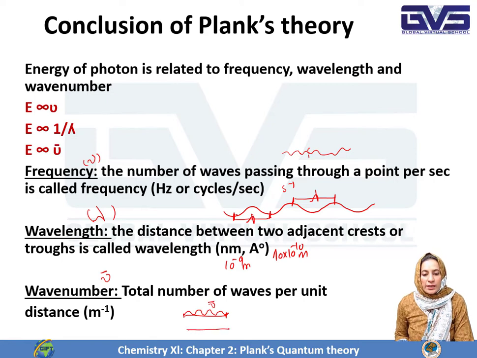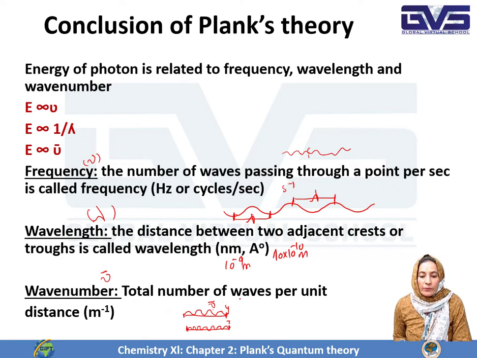Similarly, suppose this is 1 meter and this is the number of waves in it. You can see here, suppose 1 2 3 4 waves, and here 1 2 3 4 5 6 7 waves. Which one has the lower wave number? The number of waves passing through a distance is called the wave number per unit distance, so its unit is per meter.